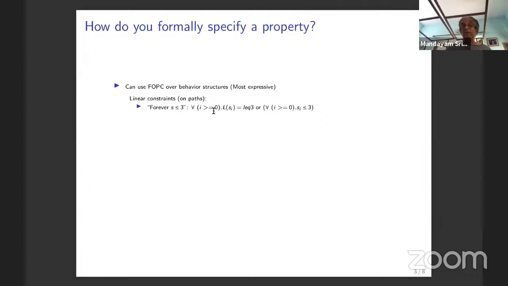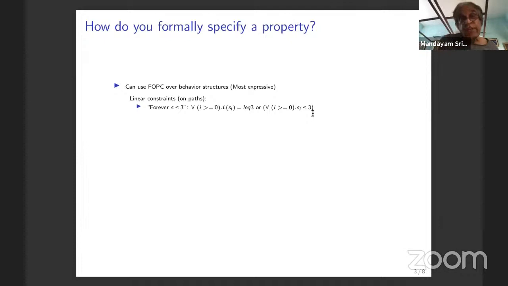For every i greater than or equal to 0, the state si must satisfy that the counter is less than or equal to 3.